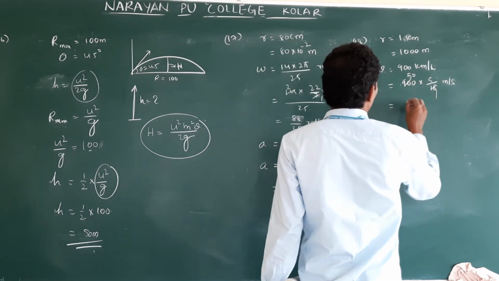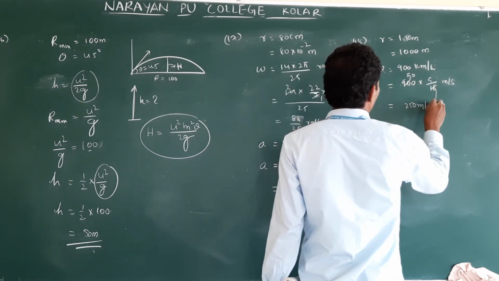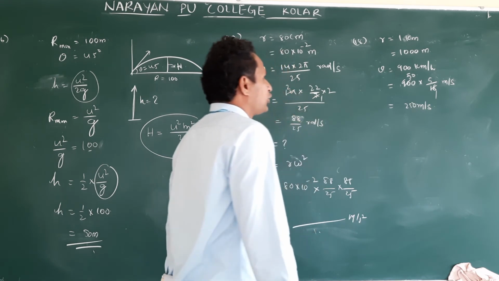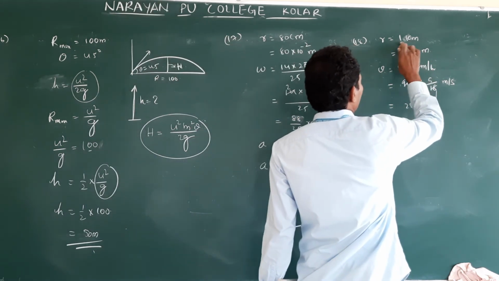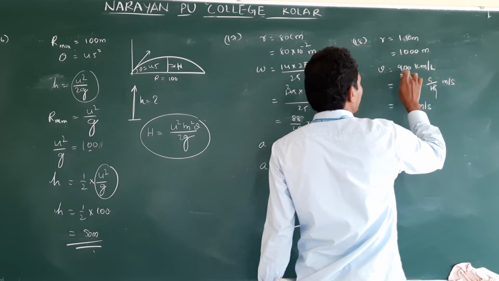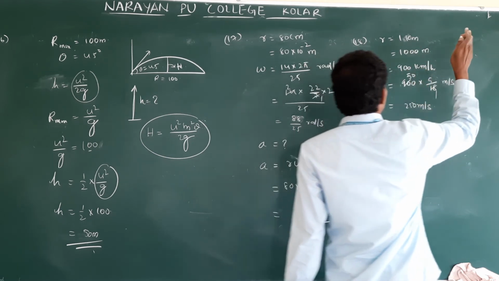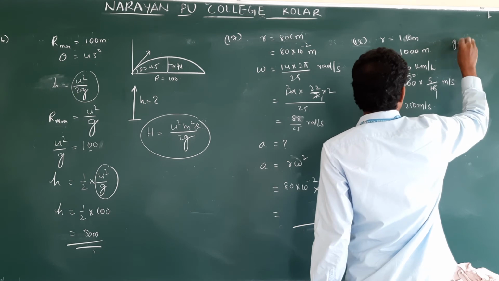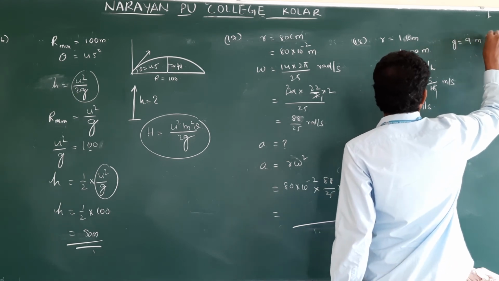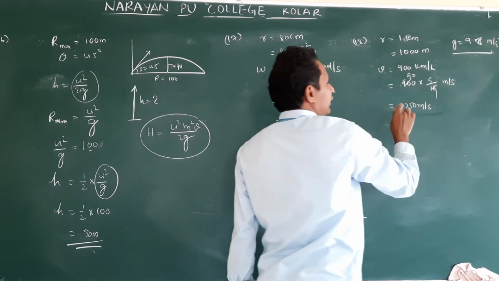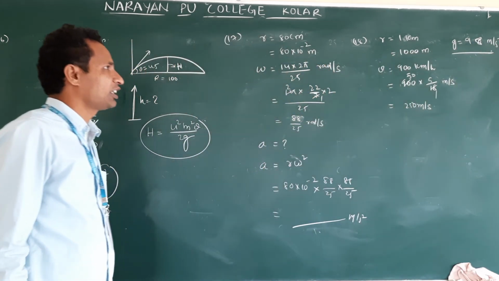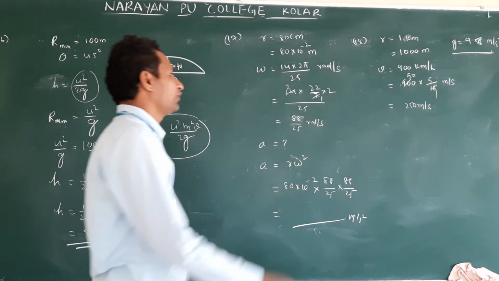So 50 into 5, 250 meter per second. Actually, this we can do in kilometers per hour only, because radius given, velocity also given in kilometers per hour. But they are asking us to compare with the acceleration due to gravity, which is 9.8 meter per second square. That's why, to find the centripetal acceleration in meter per second square, I converted.